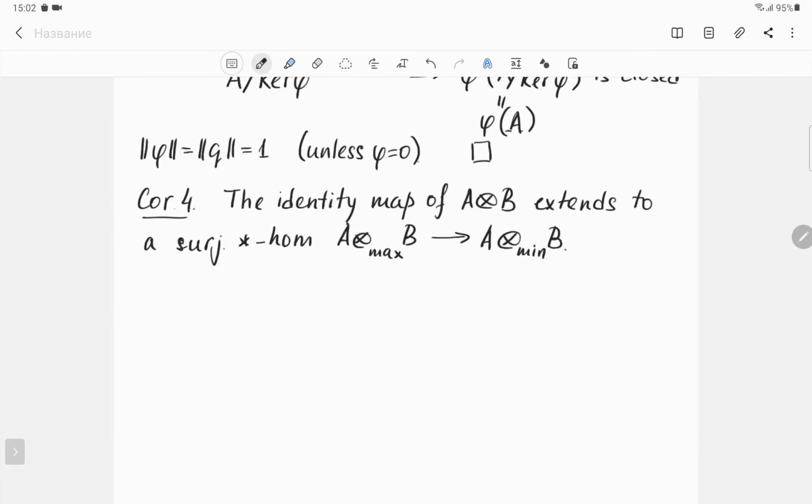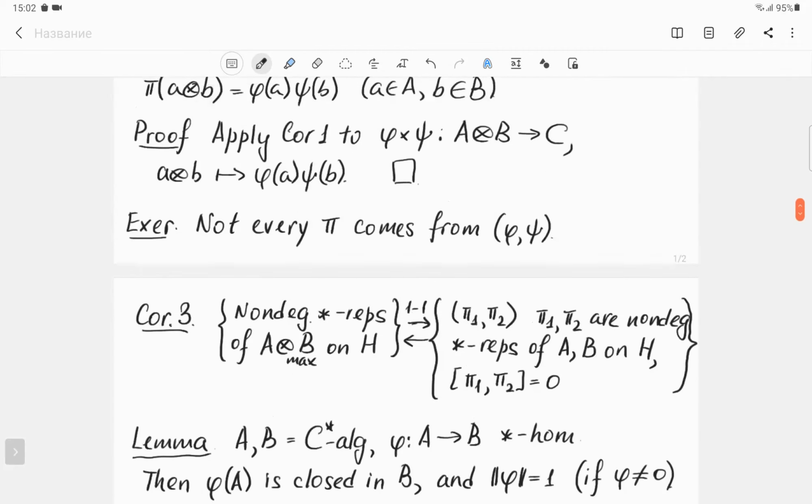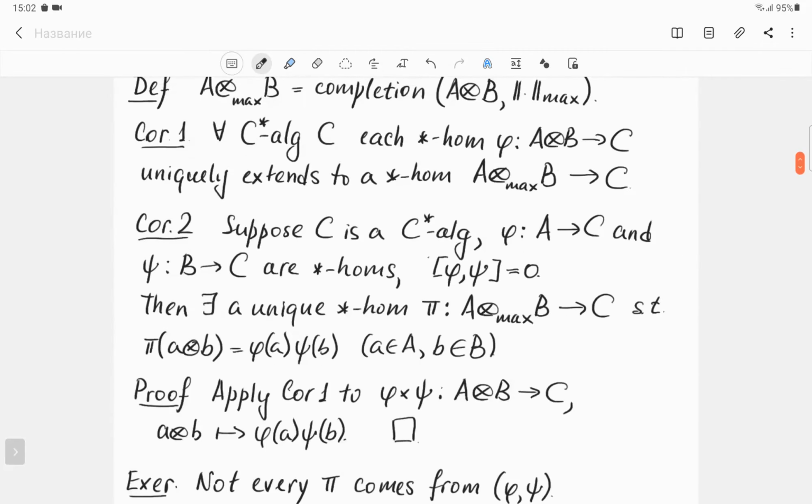Well, why is it so? First of all, we just apply corollary 1. Let's look at corollary 1 again. We take the inclusion of the algebraic tensor product into the minimal tensor product, and we extend this inclusion to the maximal tensor product by corollary 1.